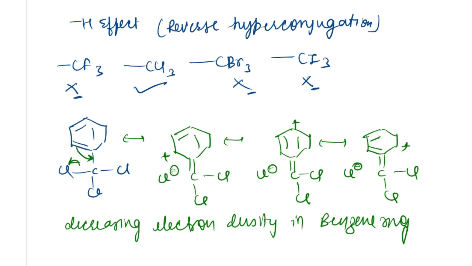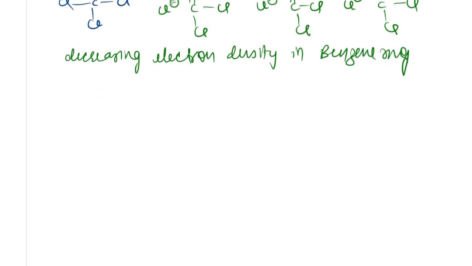Now why CCl3 only? Let's say again, CCl3 shows minus H. But in CF3 the bond energy is very high.